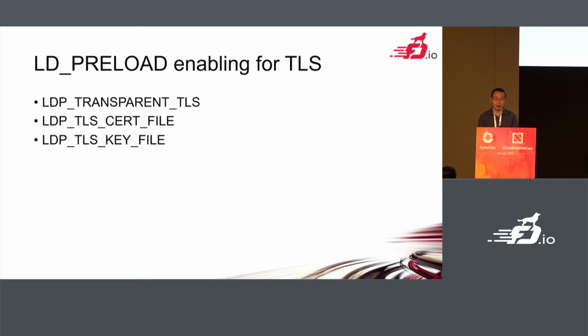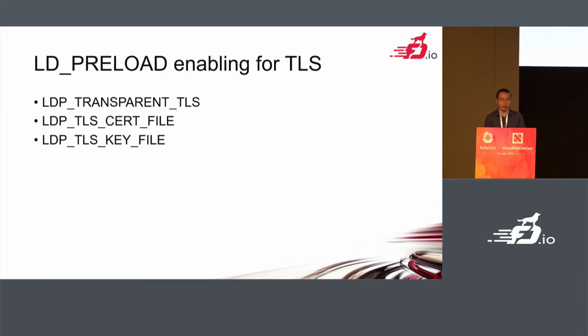So it will not just provide the traditional TCP protocol to VPP session create. Instead, it will provide the TLS protocol to tell VCL that we are not using TCP, we are using TLS. And when it realizes it is TLS, it also needs to provide the certification file and the key file.